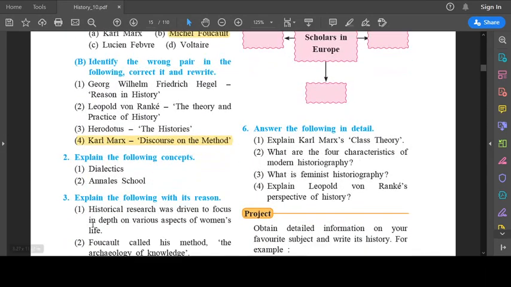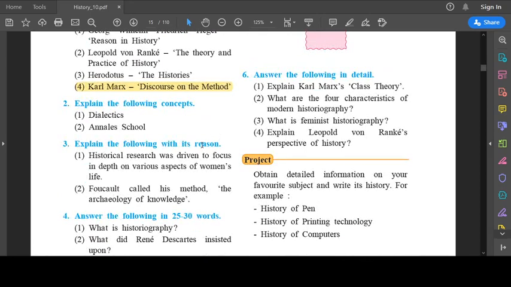Question number 3. First one. Explain the following with its reasons. Historical research was driven to focus in depth on various aspects of women's life. The answer to this question is on page number 5.